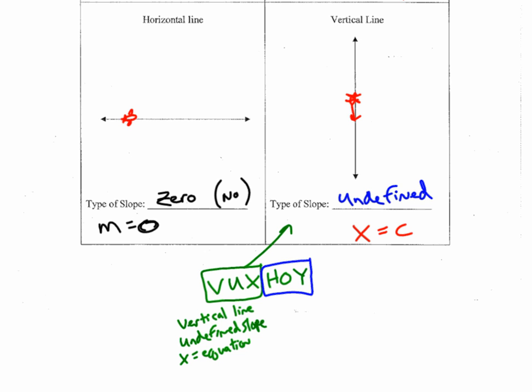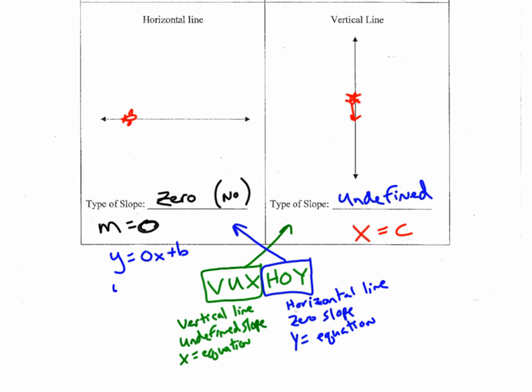The HOY part really is for this one, the horizontal line. The H is horizontal line. A 0 is a 0 slope, or no slope. And y, this is going to be a y equals equation. So if I look at the equation of a 0 slope or a horizontal line, it's going to be y equals 0x plus b, or just y equals b.